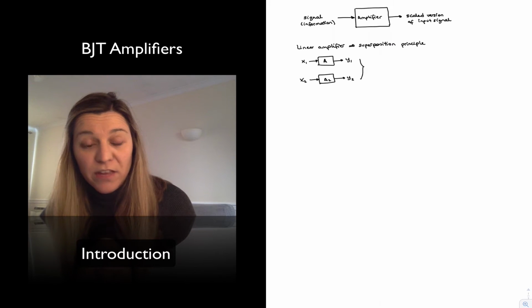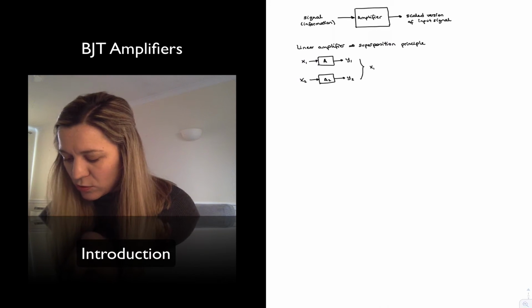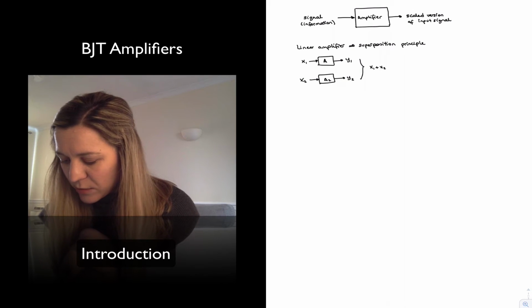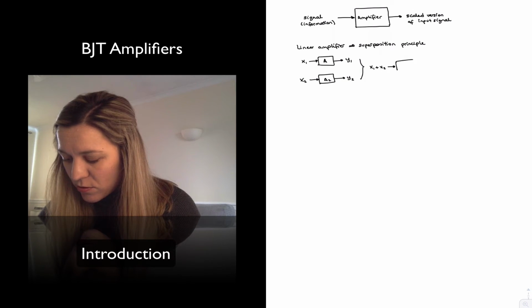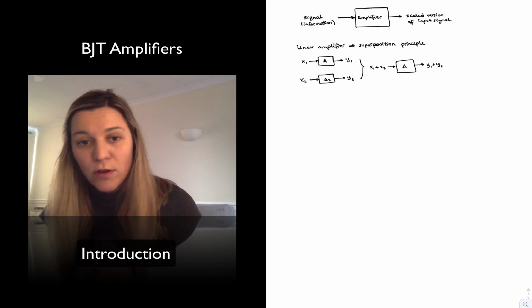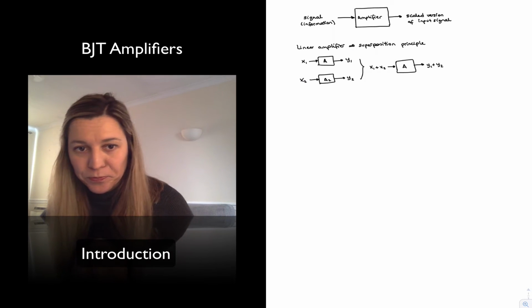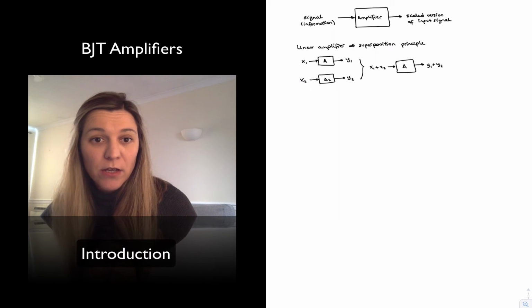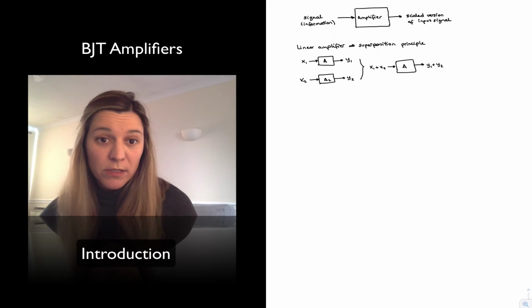Then if this is a linear system, it must also happen that if I apply an input signal which is the sum of the two original input signals, my overall output is the sum, or the superposition, of the individual outputs.